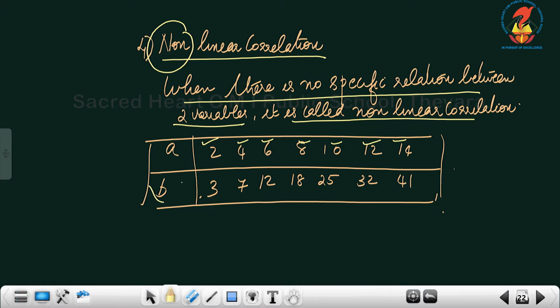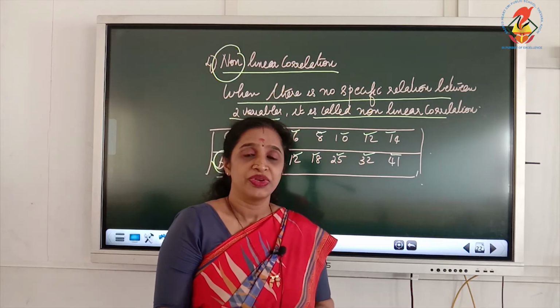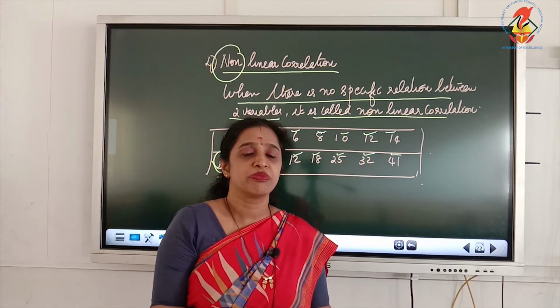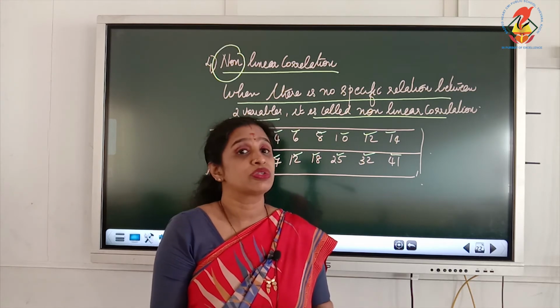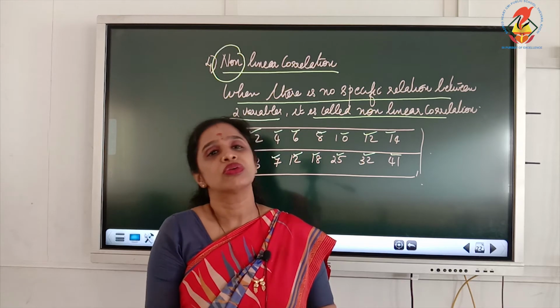But let us consider the Y or B variable: 3, 7, 12, 18, 25, 32, 41. There is no constant proportion here. So X is moving in a constant proportion, but Y is not. Such a relationship is known as non-linear correlation.